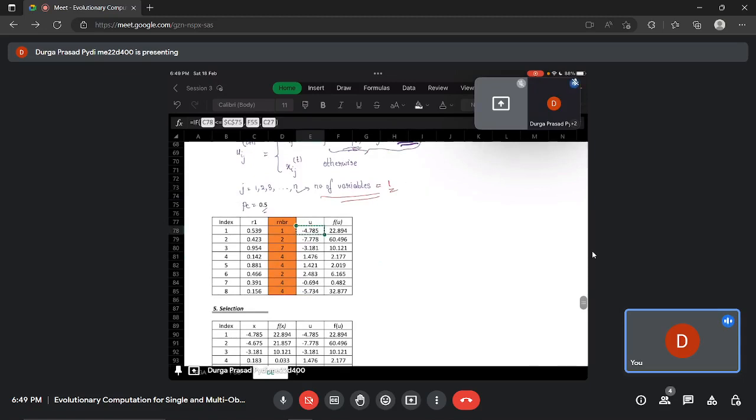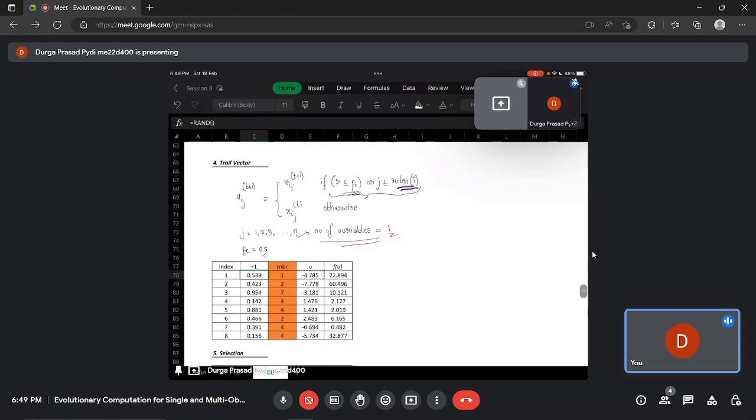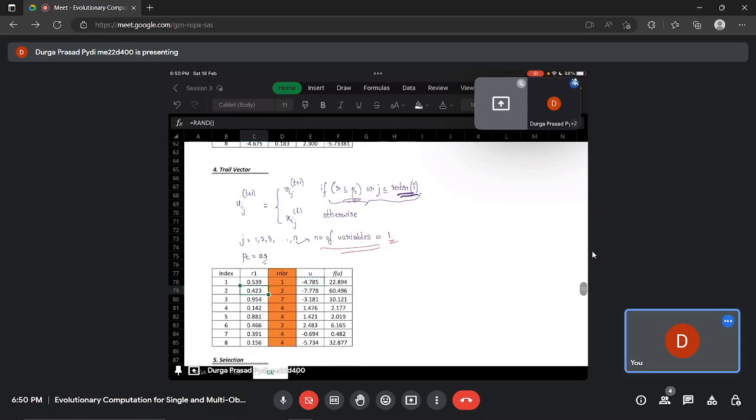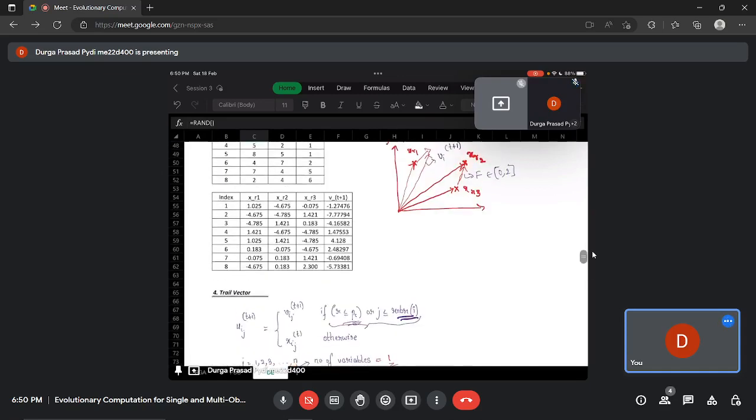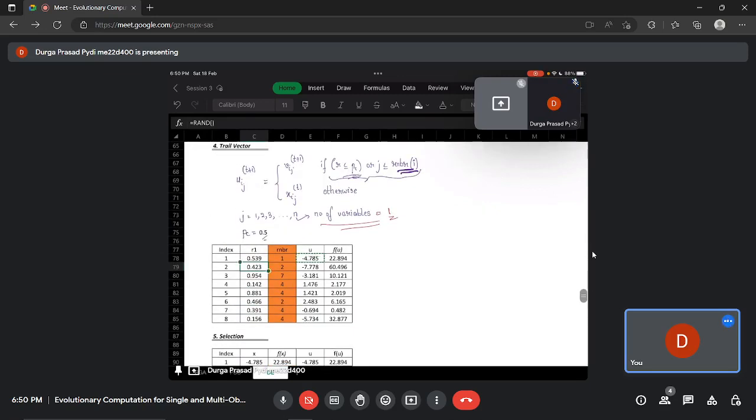If the generated random number is less than 0.5, as you happen to see here in this particular case of 0.423, it is less than 0.5. So for the second index we have a new value of Vi t plus 1, which is minus 7.77. If it is less than or equal to PC, then we have to choose this Vi t plus 1. So we have chosen minus 7.778.